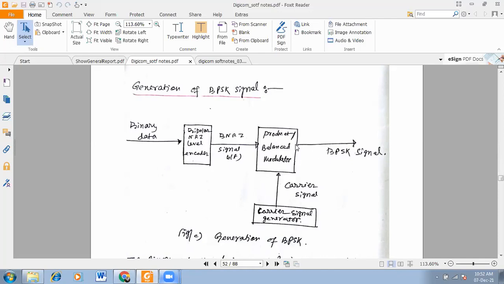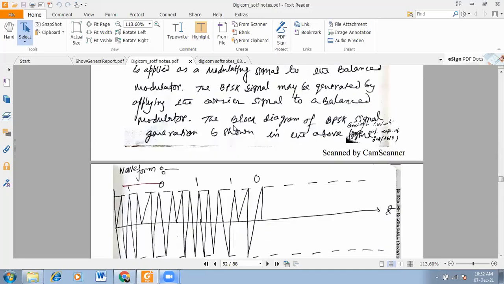So for S1T and S2T combined we are getting S0T for logic 1 and logic 0. So this is the block diagram of binary phase shift keying. 180 degree phase shifting exists here, so that's why it is called binary phase shift keying. So it's a kind of generation technique.